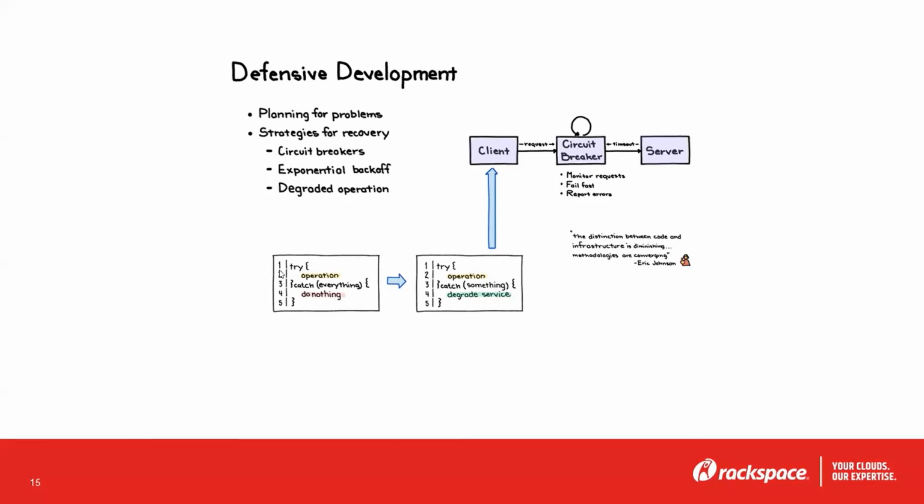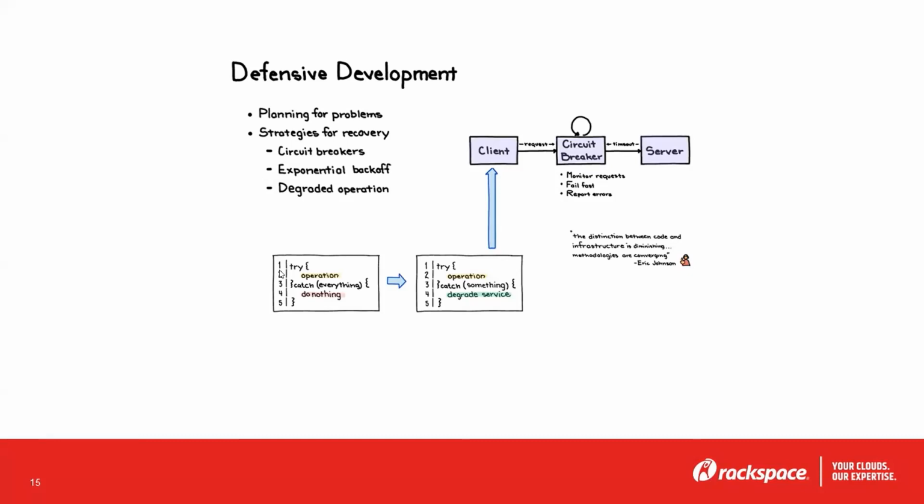Those timeouts start backing up, and that timeout starts bubbling its way back up to the top of the system, and you have this sort of cascading failure of your system. The circuit breaker is a design pattern that's intended to mitigate some of that effect. So it actually monitors that request from client to server, in this case from cache client to the actual cache itself.